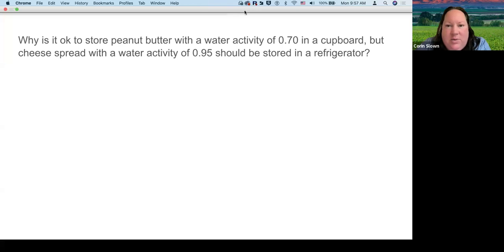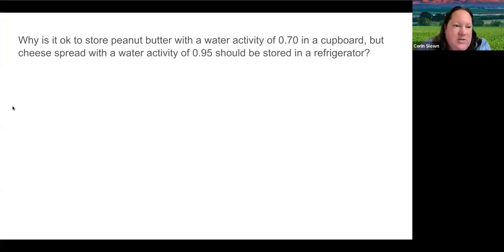So if we're going to answer this question, really what we're thinking about is food safety. So food safety in this case allows us to say, okay, peanut butter has low water activity. Make that just a little bit bigger.